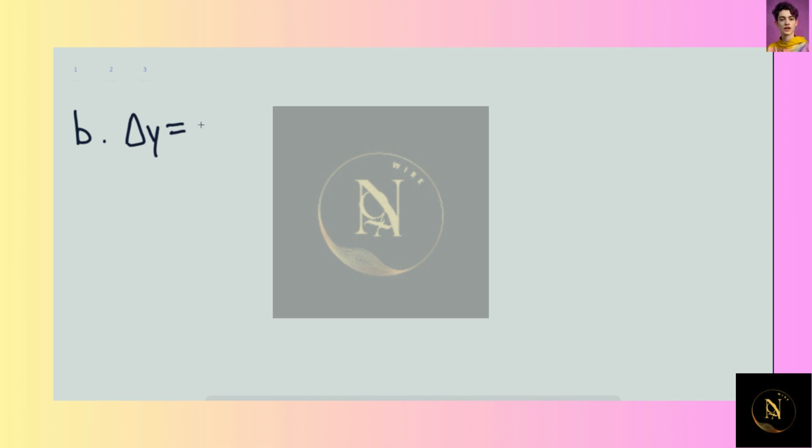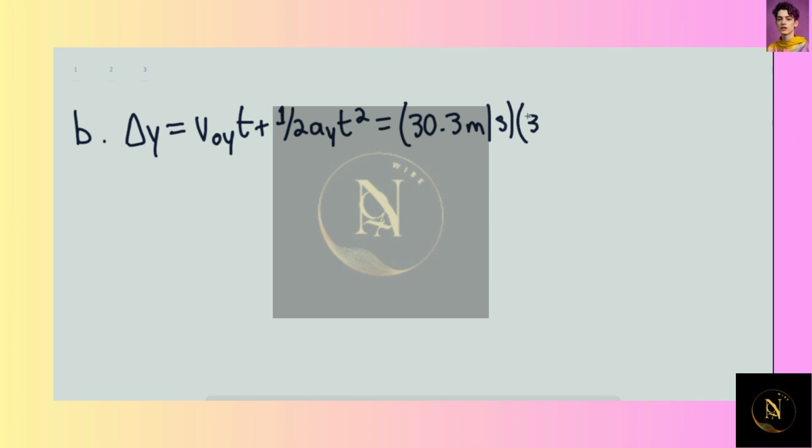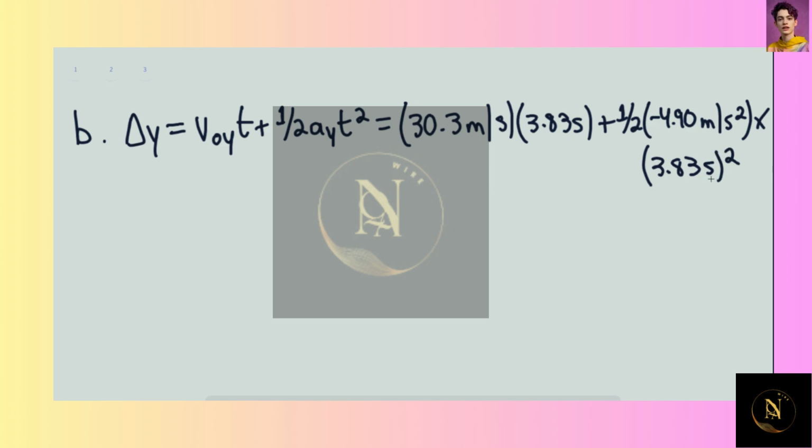So this would be the initial y velocity times t plus 1/2 a sub y t squared. However, this is just equaling 30.3 meters per second multiplied by that time of 3.83 seconds plus 1/2 times negative 4.90 meters per second squared multiplied by 3.83 seconds quantity squared.